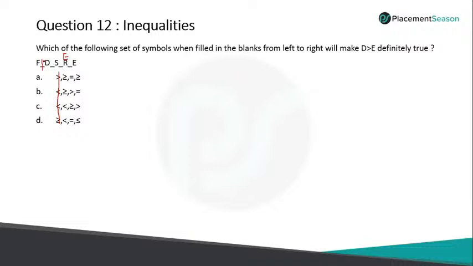If D is greater than S, and S is greater than E, if both are greater than, D will be greater than E, which is right. If D is equal to S, because we have the equal to symbol also, then I can replace D here, and then also D will be greater than E. So which is definitely true.